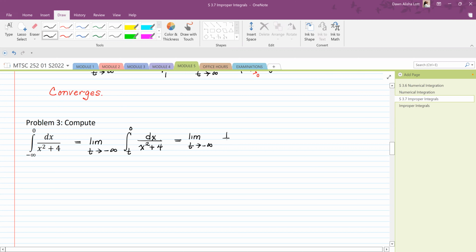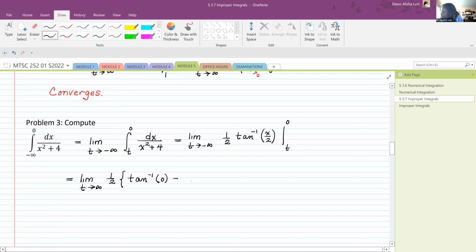So this is 1 over 2 the tan inverse of x over 2 evaluated from t to 0. So this is the limit as t approaches negative infinity of 1/2 times the tan inverse of 0 minus the tan inverse of t over 2.